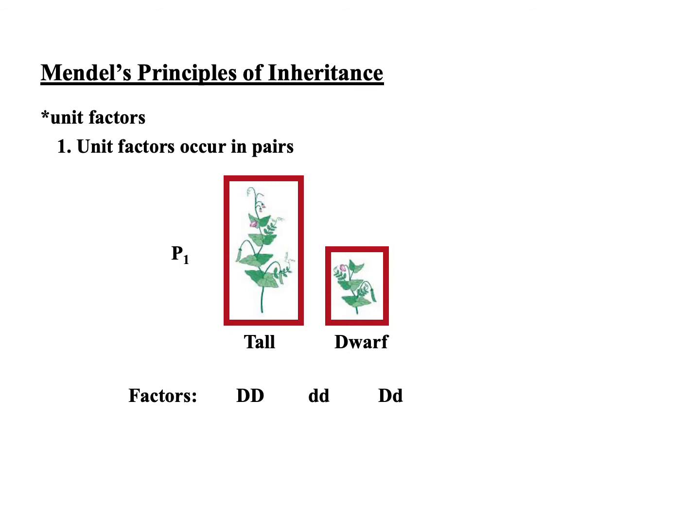What he found every single time that he did those crosses was the same ratio of 3 to 1. More specifically, in the F1 generation, there seemed to be a loss or a masking of one of the traits. Then in the F2 generation, there was a reemergence or reappearance of that trait that was masked in the F1.